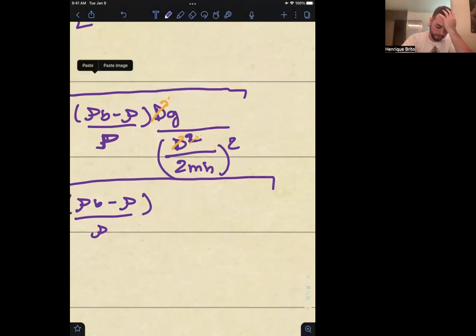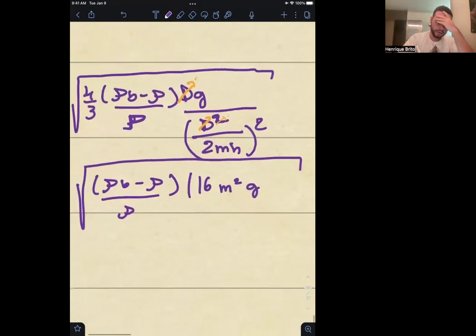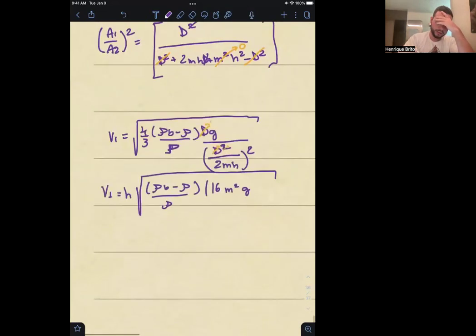And then, yeah, because we see what we did here is we were trying to take this height out of there. We could just leave it there really, but I'm trying to take that out.